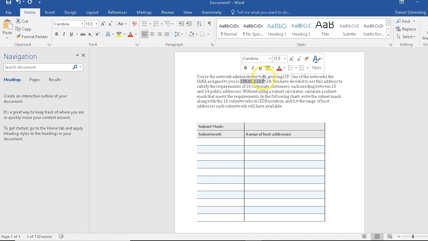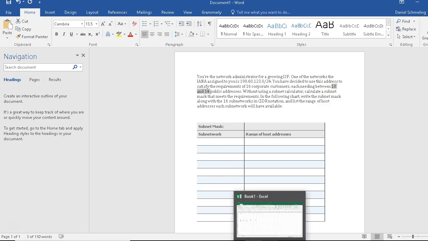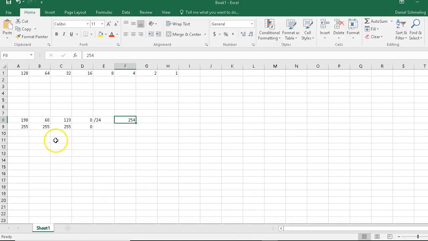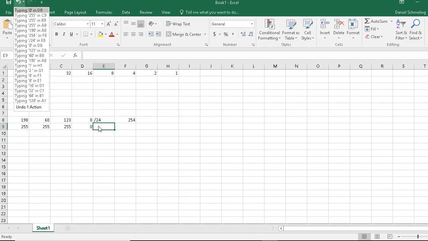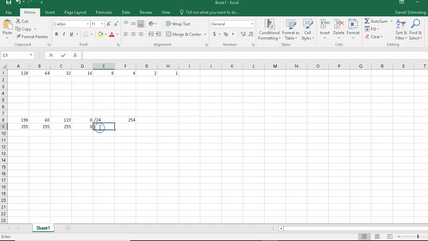So we need to split up the subnet mask in order to give each customer about 10 to 14 public IP addresses. So basically, we have to say, okay, a /24 is right here, and that gives us 254 usable IP addresses.